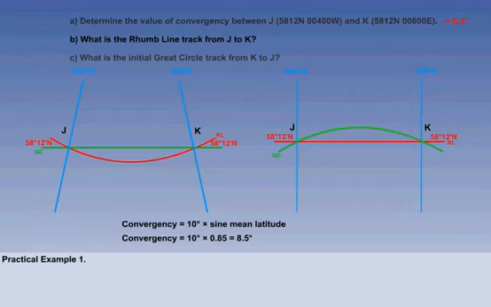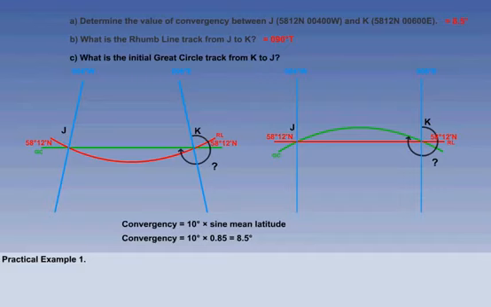What is the rumline track from J to K? J and K are both at the same latitude. So what will the rumline track from J to K be? Clearly, the answer is 090 degrees true. This is a parallel of latitude. So that's the second part answered.